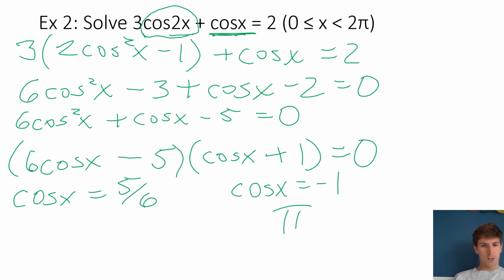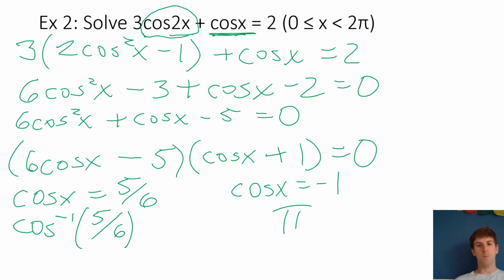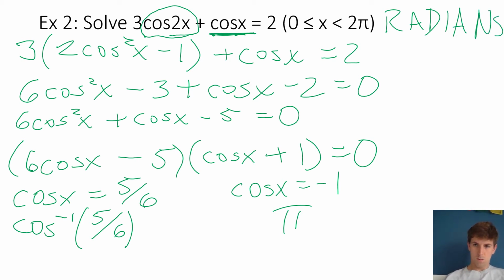And so for this term, I'm going to have to use my calculator. So I'll have to do inverse cosine of 5/6. Make sure you're in radians. And what that'll get me, if I do that on my calculator, I would get approximately 0.59.